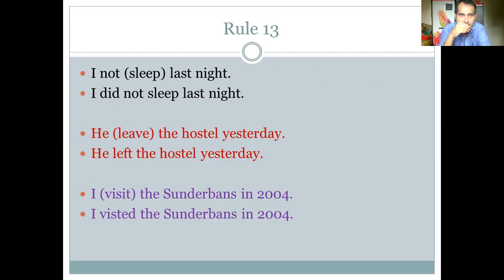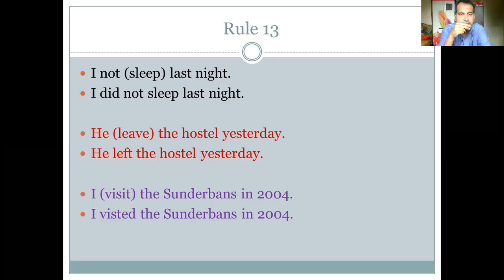It's a clear past indefinite tense, a simple example of past indefinite, and I hope that you have got the structure in your mind. That very common structure of past indefinite is applied here. And how is this done? I did not sleep last night.